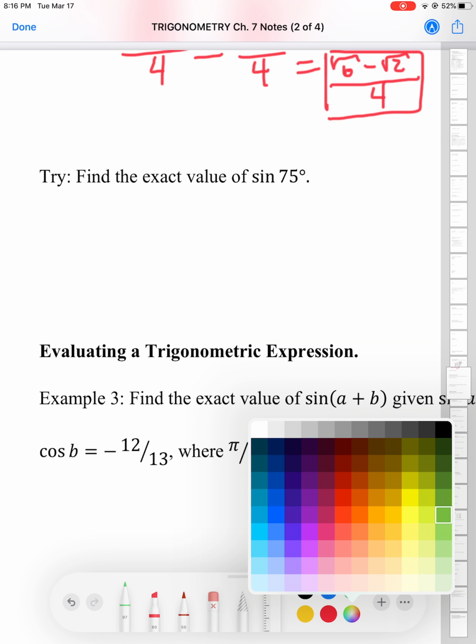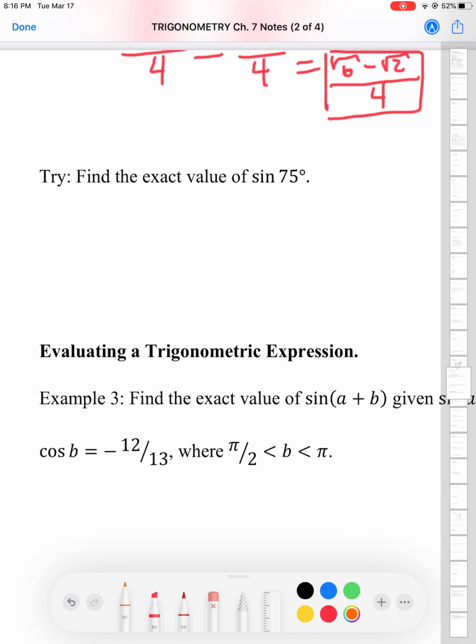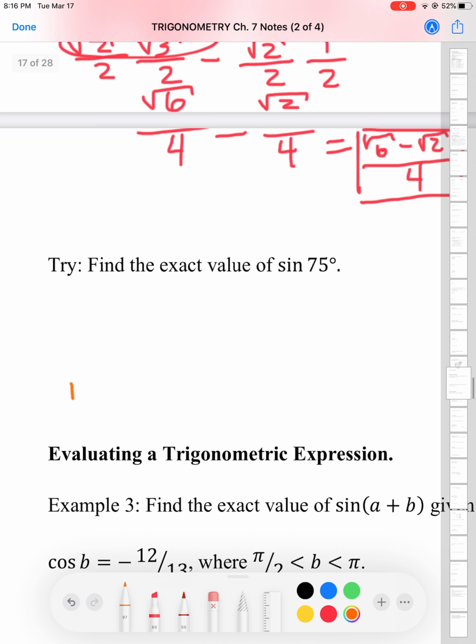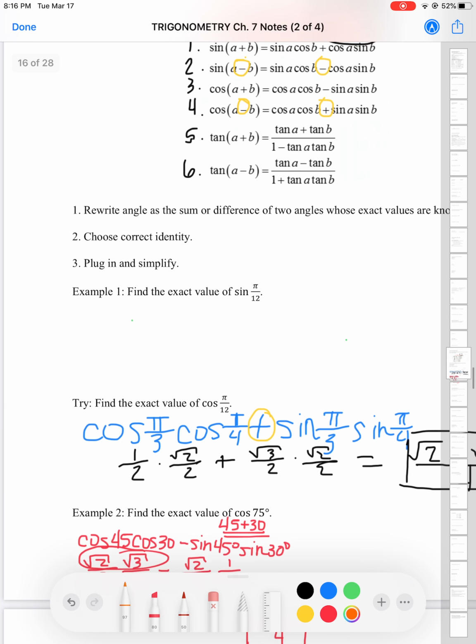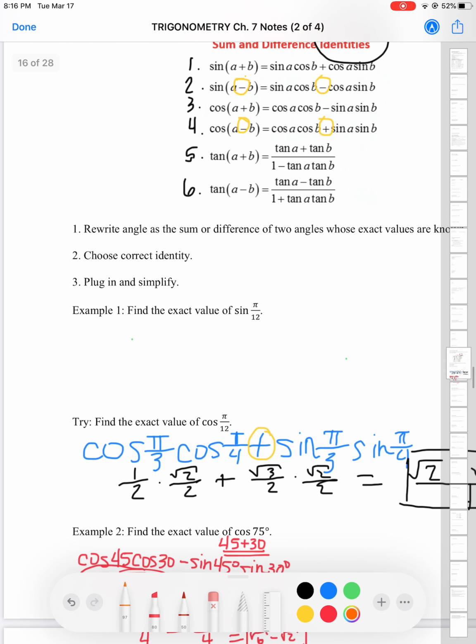I'm going to switch the color. So we already know 30 degrees plus 45 degrees. So this one's sine, so we're going to be using number 1 here.